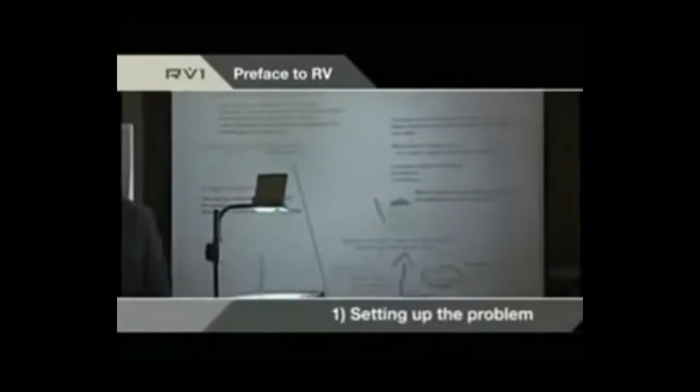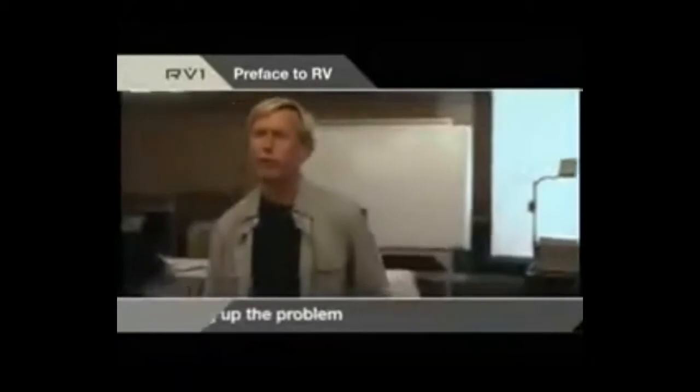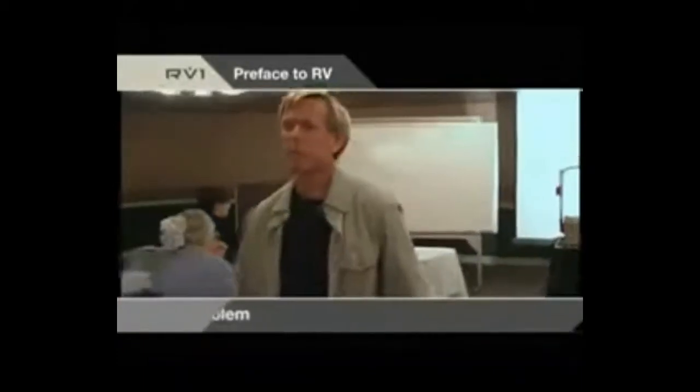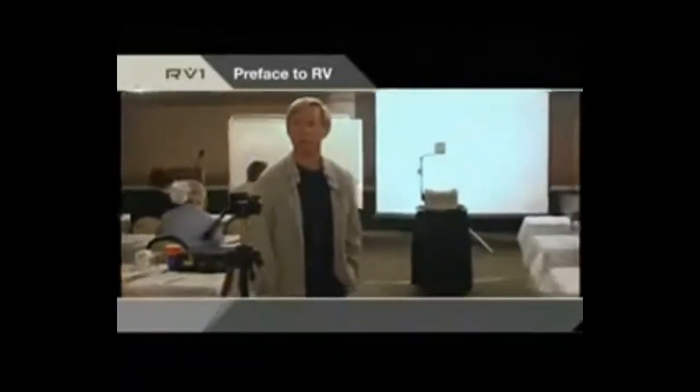Remote viewing is a 3-part process. The first part is setting up the problem. Setting the problem up. We formalize the way we do that. The emphasis on setting up the problem is really in level 3 of training, level 3 workshops.